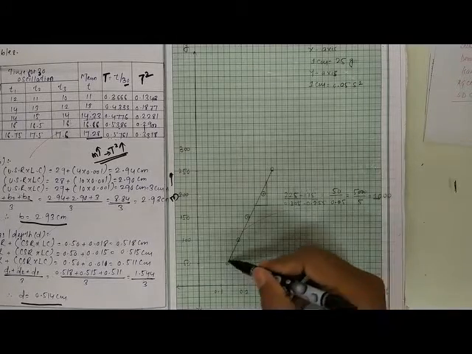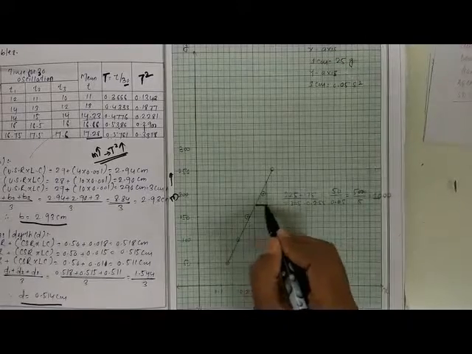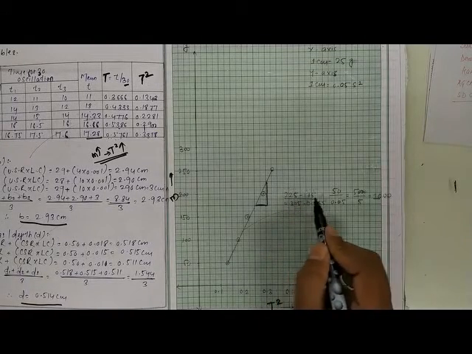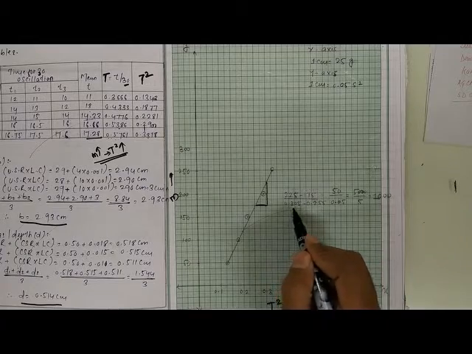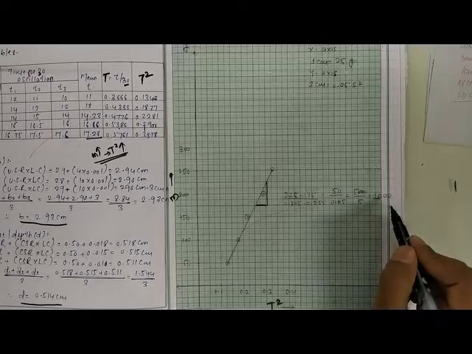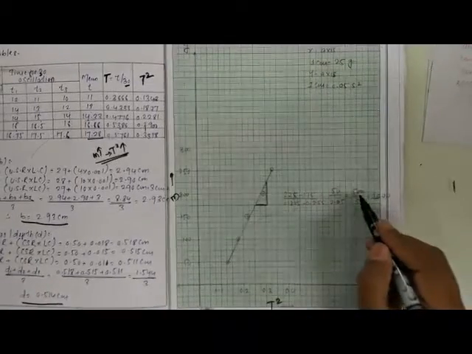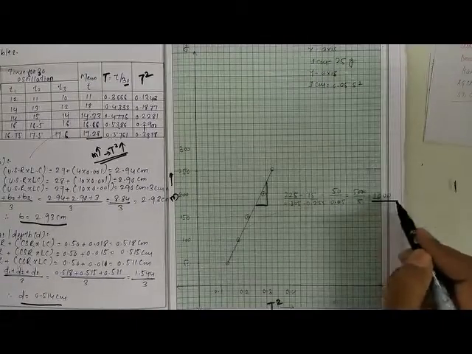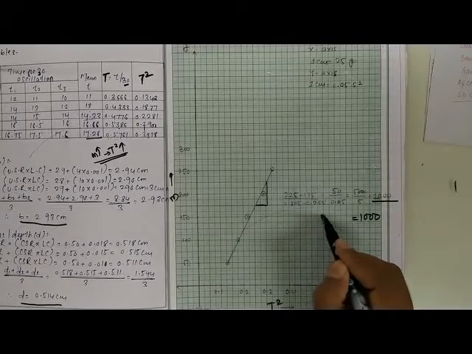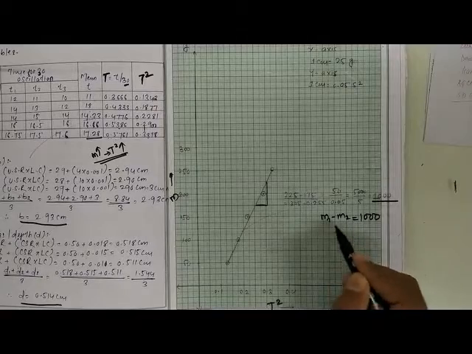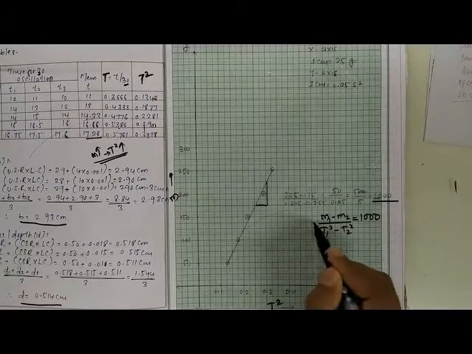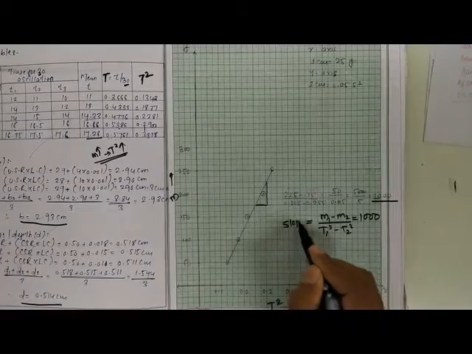And yes, we got this curve and its slope is here, and if I find the slope of this, it is m2 minus m1 divided by t2 square minus t1 square, right? I hope you can see this. And finally what we got is the slope is 5000 divided by 5, and it is 1000. It is nothing but m1 minus m2 divided by t1 square minus t2 square, that is nothing but the slope, right?